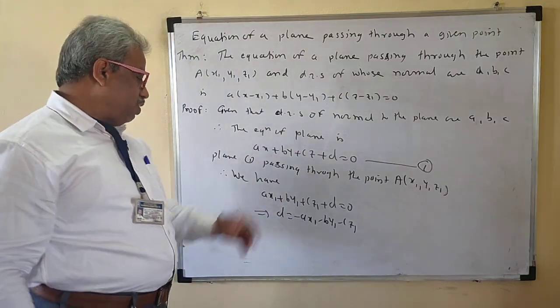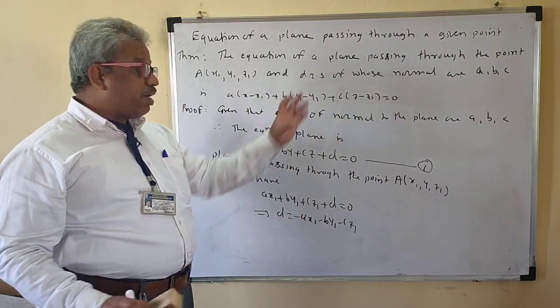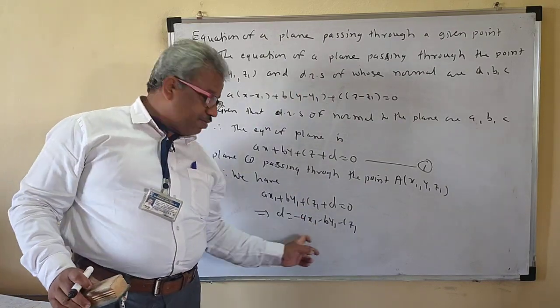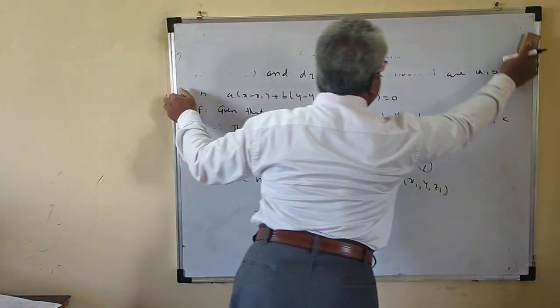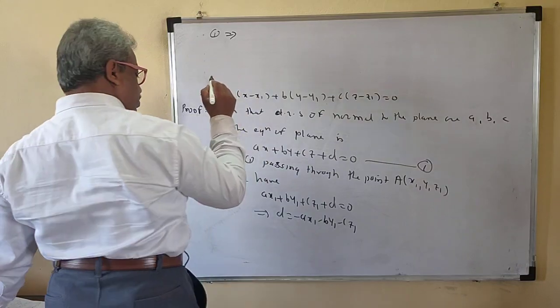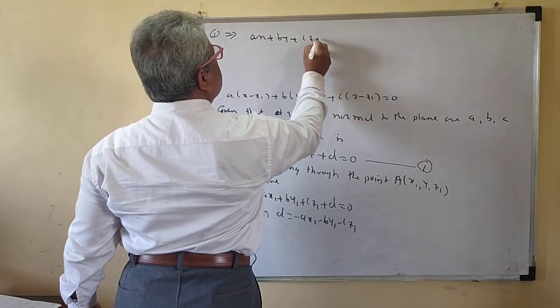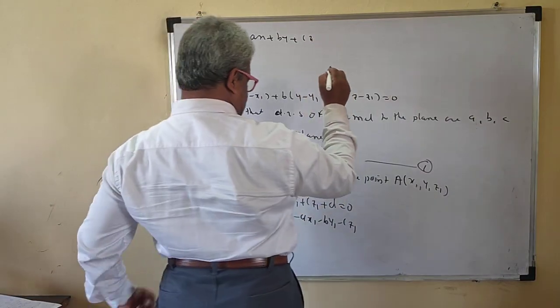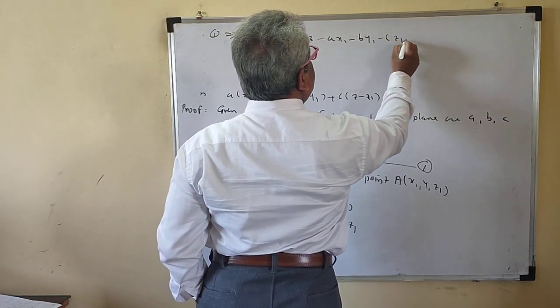Now see, a, b, c are known to you, x1, y1, z1 are known to you. That means this sum is known, so d will be known to you. We put d in equation 1: ax plus by plus cz plus d, where d is minus ax1 minus by1 minus cz1.